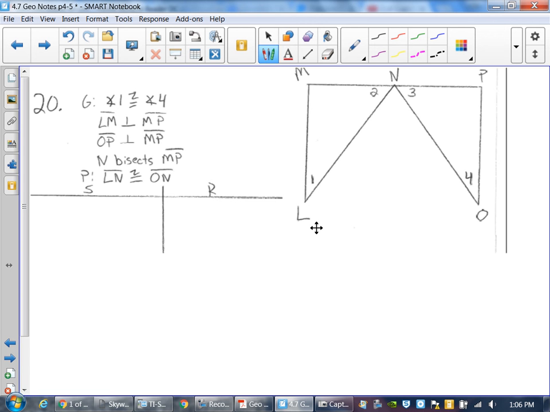So when I start with this one, we have angles 1 and 4. Mark my diagram. It then goes to LM is perpendicular to MP.